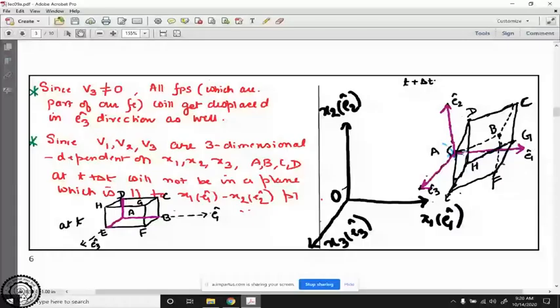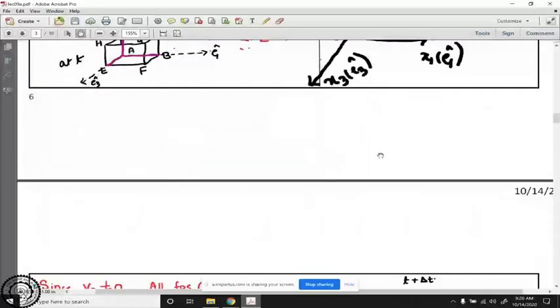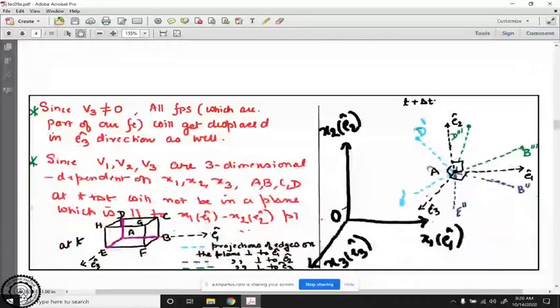They will make a plane which is inclined at some angle to the plane of e1 e2. So even though I said I will do pattern recognition, I have tried my best to give you some more insight so that, if you want to derive things, you can follow some steps.